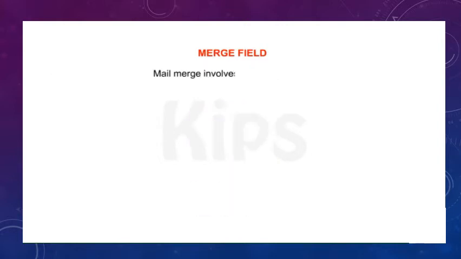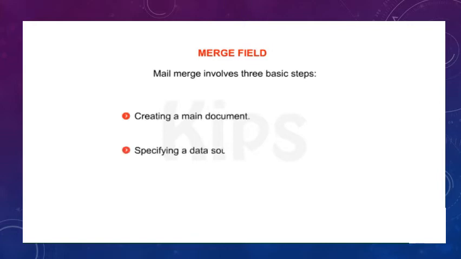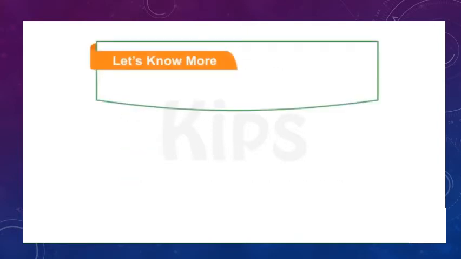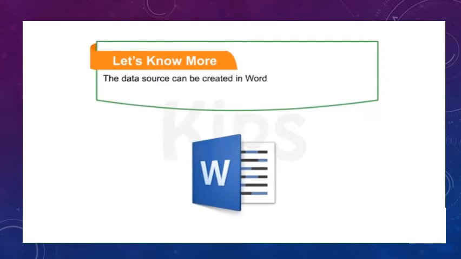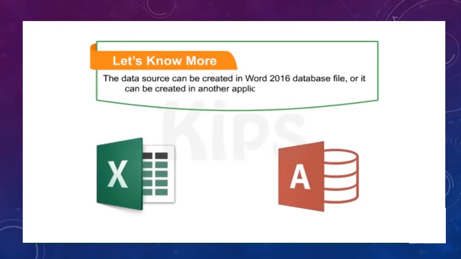Mail merge involves 3 basic steps: creating a main document, specifying a data source, and merging the data source with the main document. Let us know more. The data source can be created in a Word 2016 database file, or it can be created in another application like Excel 2016 or Access 2016.